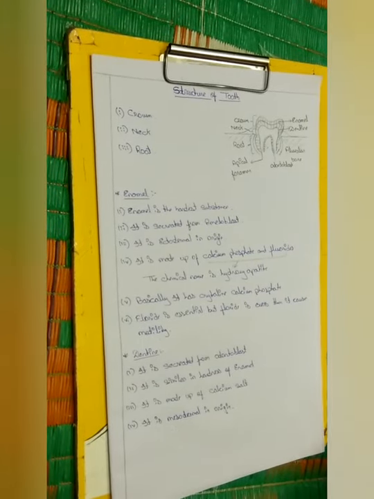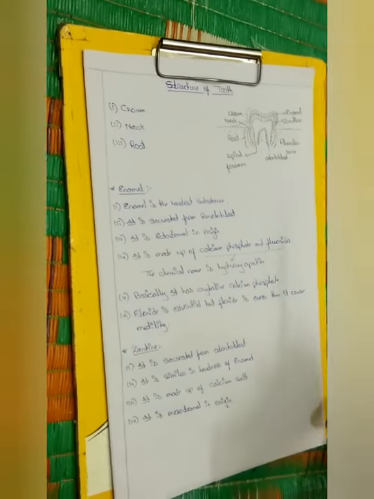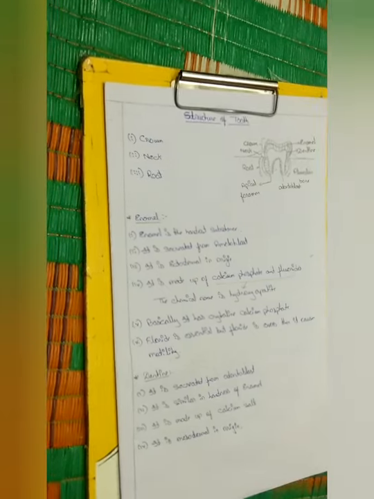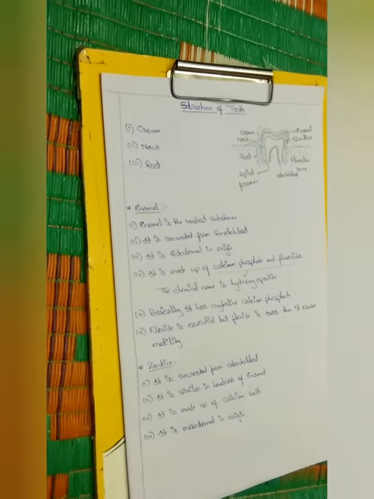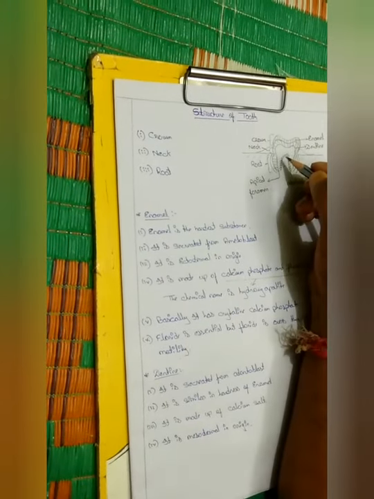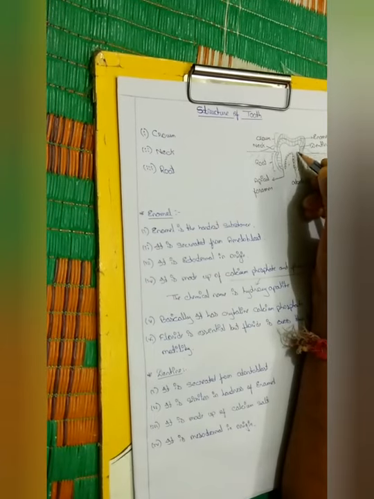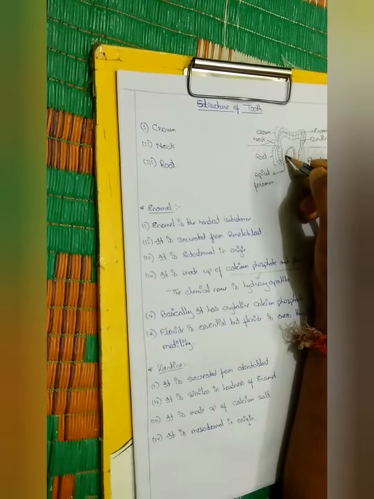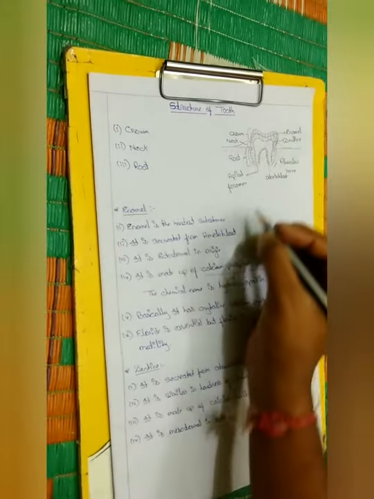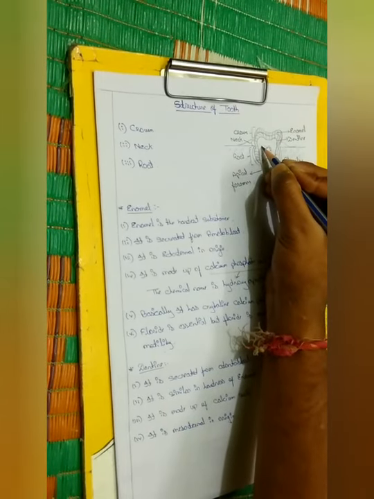Our third layer is the pulp cavity. This space is called the pulp cavity.